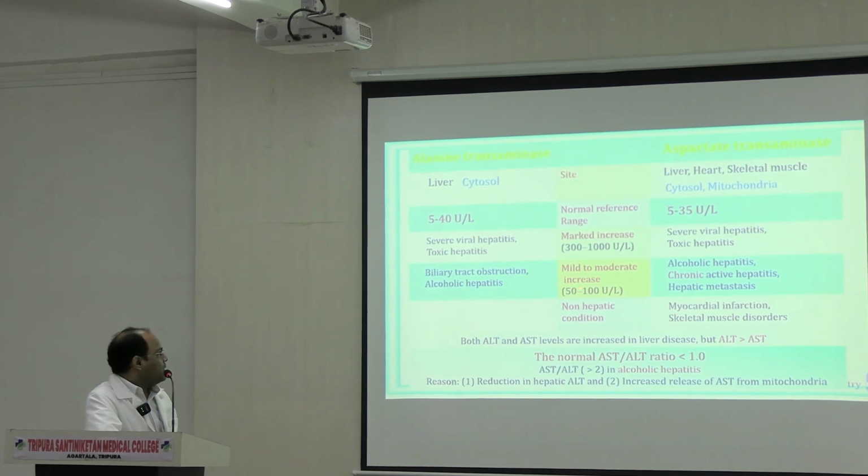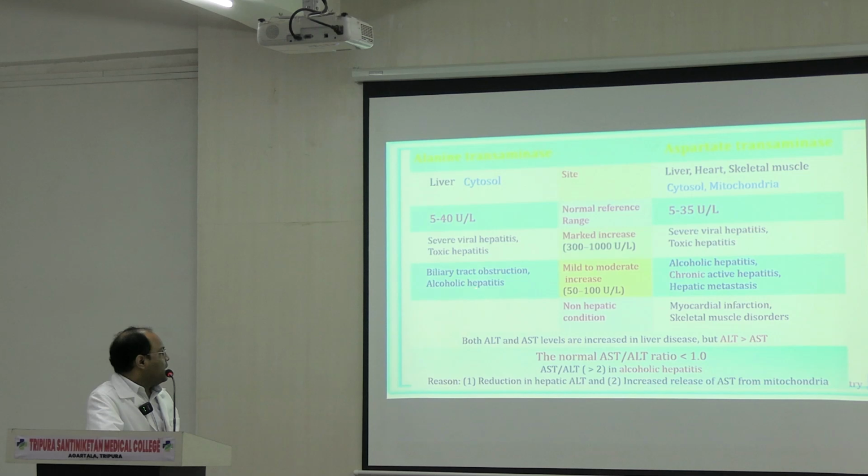Mild to moderately high, 50 to 100 units, in biliary obstruction and alcoholic hepatitis. In case of AST, in alcoholic hepatitis, chronic active hepatitis, hepatic metastasis, the level may increase. In non-hepatic conditions like myocardial infarction, AST level is elevated, and in skeletal muscle injury, AST level is elevated.